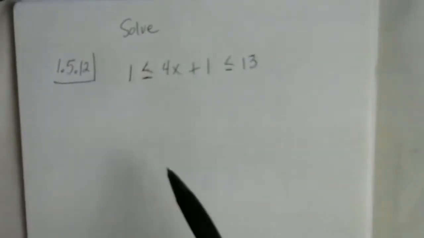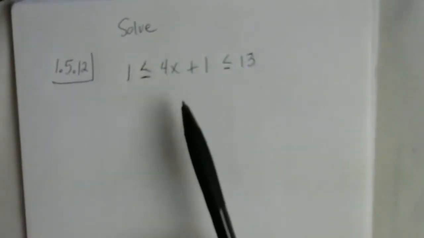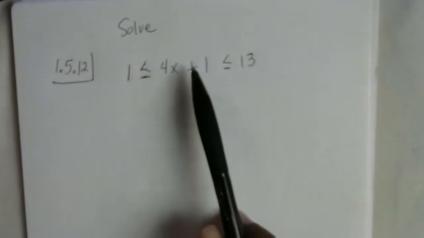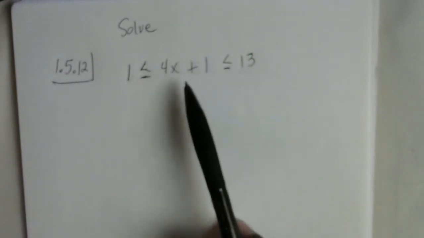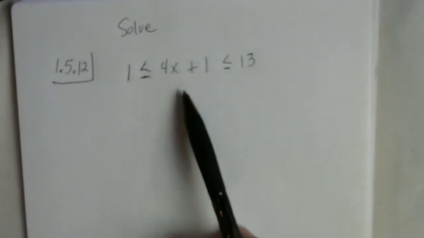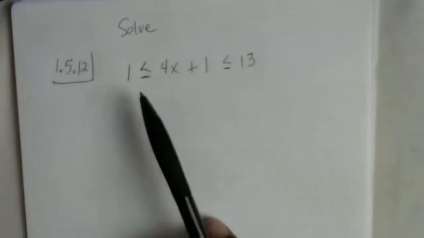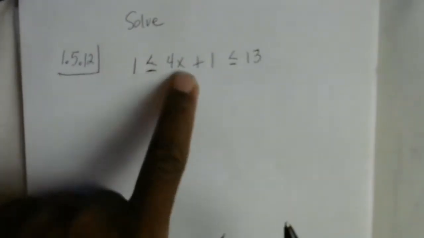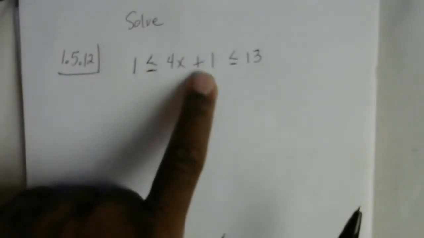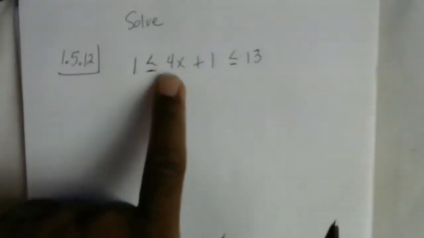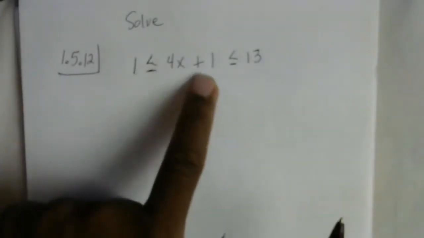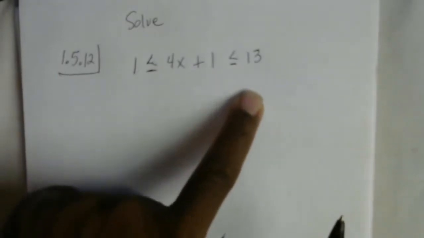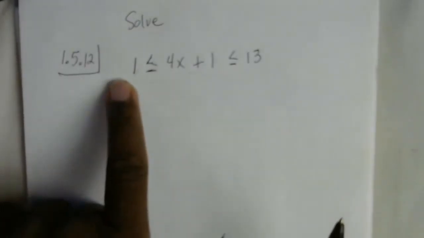All right, so almost like in the literal equation from the previous example, I want to push everything from outside of the innermost inequality, and I want to leave x in the middle. All right, so if I look in the middle, I have 4x plus 1. In order to isolate for x, the first thing I'm going to do is transpose 1.